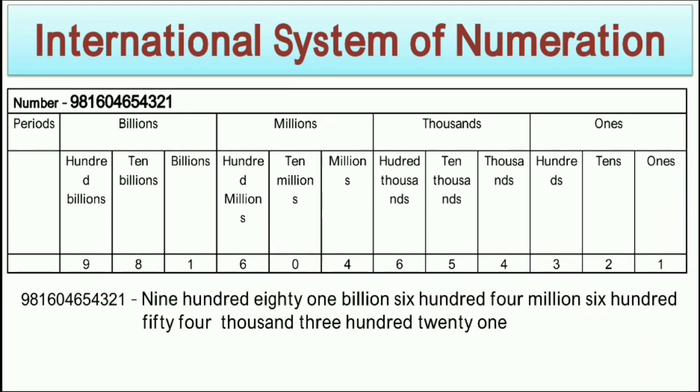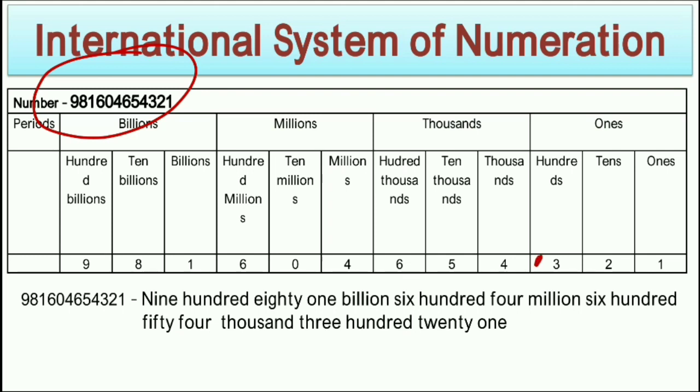Now, how to put the comma? Actually commas are inserted in the number to separate the periods. Suppose we take this same number and put the commas. After one period we'll put a comma, after the second period we'll put a comma.